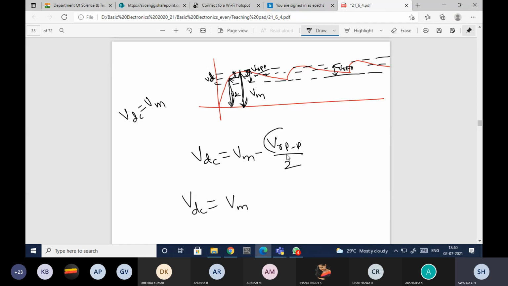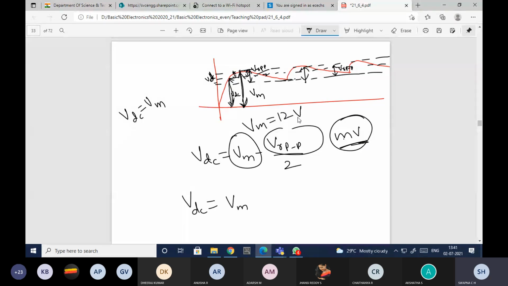Generally, this VR peak to peak voltage will be in millivolts, and VM will be in volts, like 12 volts, 9 volts. Since VR peak to peak is in millivolts, you can eliminate it and write VDC is nothing but VM.